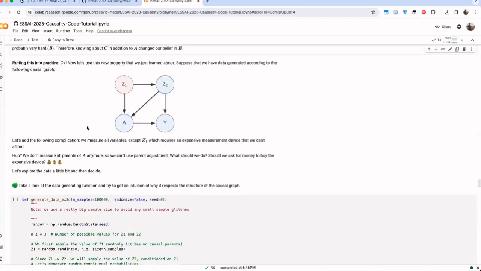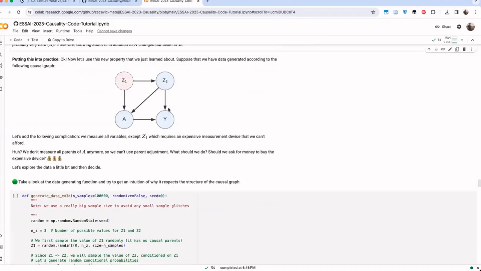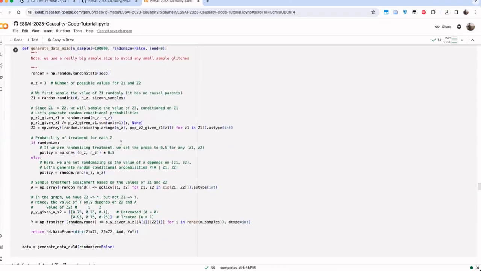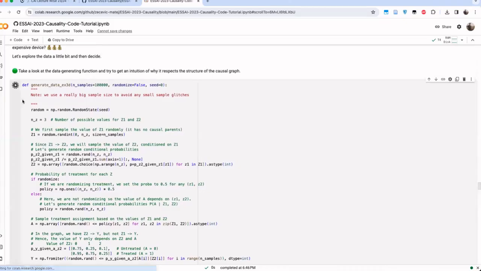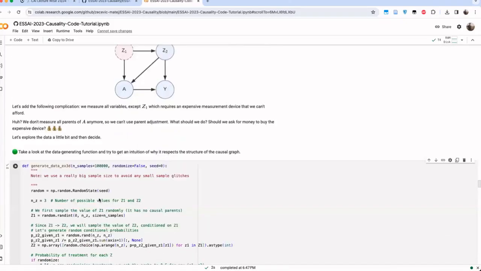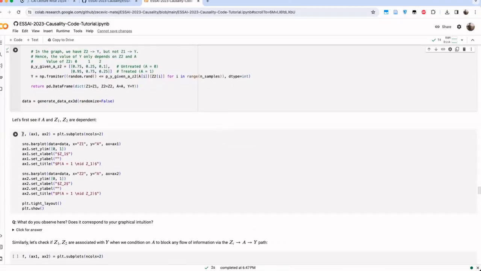So let's explore. What we do here is just generate data according to this graph. Obviously you can go through this in more detail, but it's really not that important for the moment. We are just going to take this data. What's important to know is that it's really following the structure. So that's the truth for the moment. And now I'll just look at whether A and the Zs are independent.